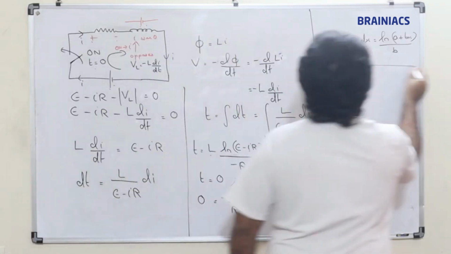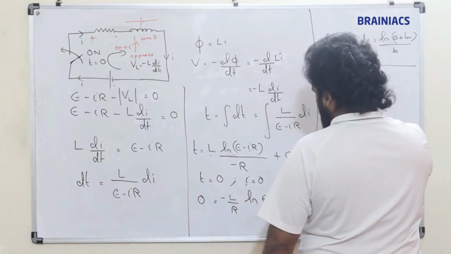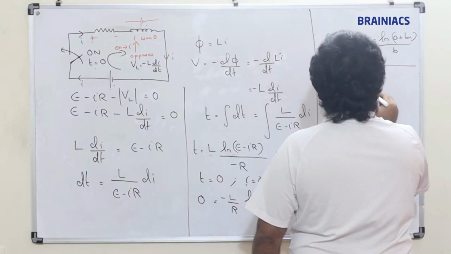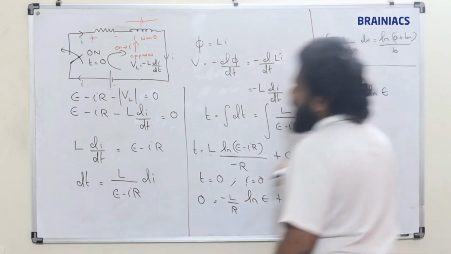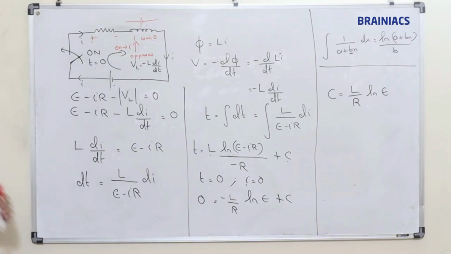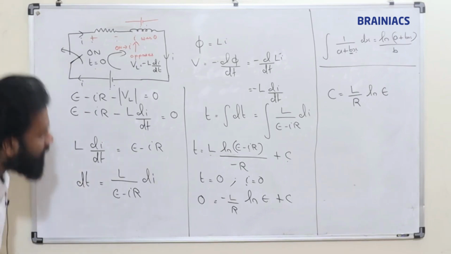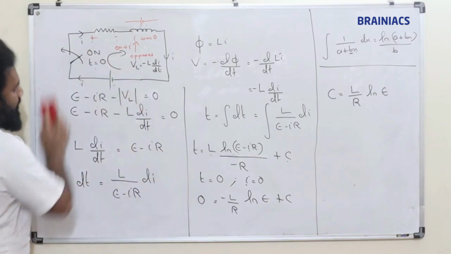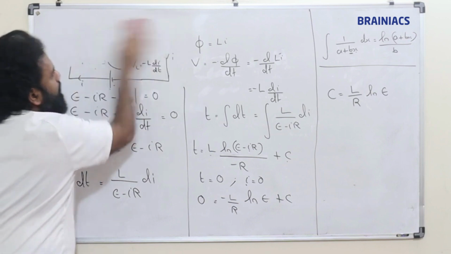So we get C equal to L by R log E. Note down till this. Pause the screen and note it down. We'll continue from there. Shall I erase this part?